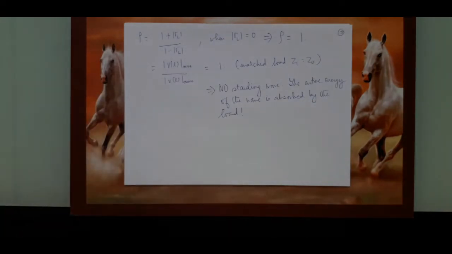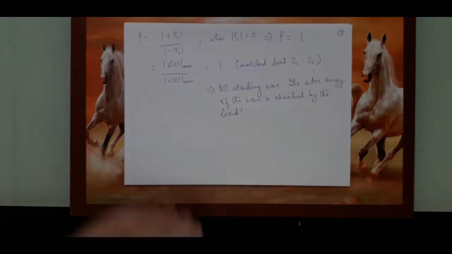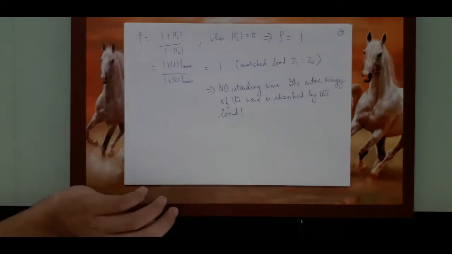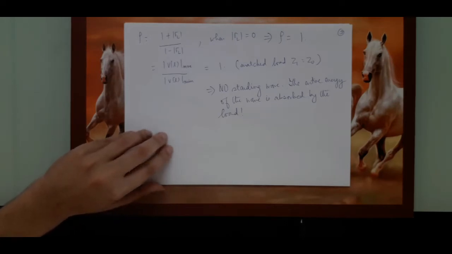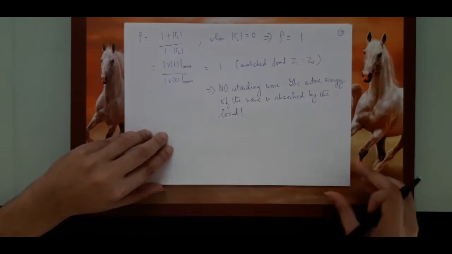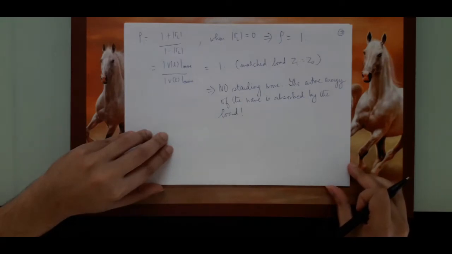So the entire energy of the wave is absorbed by the load. This is very important. So is that fine? So therefore, the VSWR is a very important factor, and it is often measured very frequently in case of transmission line applications.